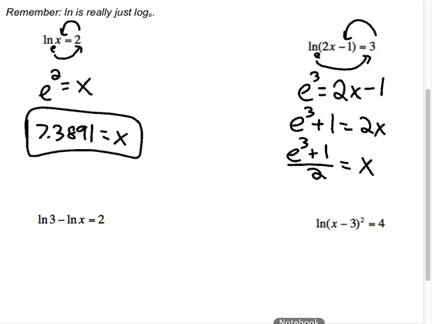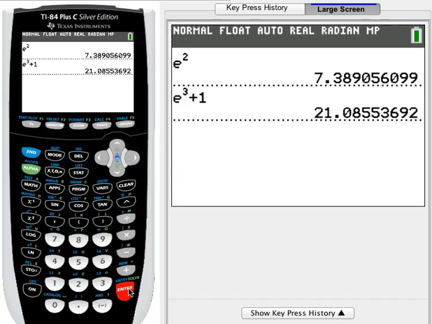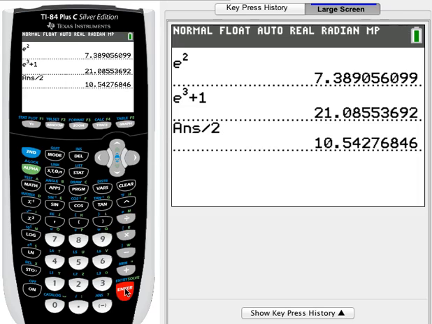And now I'm going to want to type this into my calculator. Okay? And the way I recommend typing it in is to take care of the top. So e to the 3rd plus 1. Take care of the top, then divide it by 2. Okay?